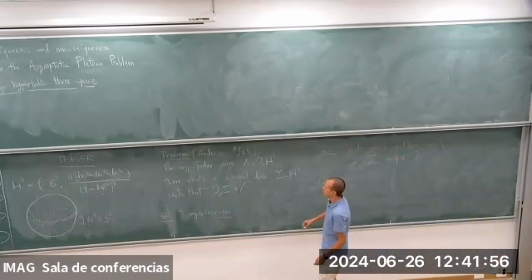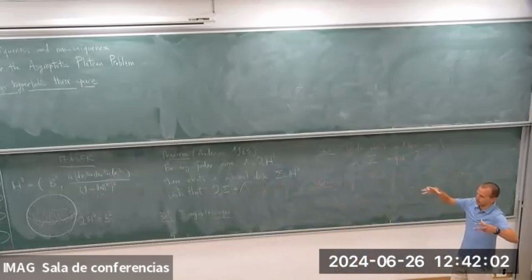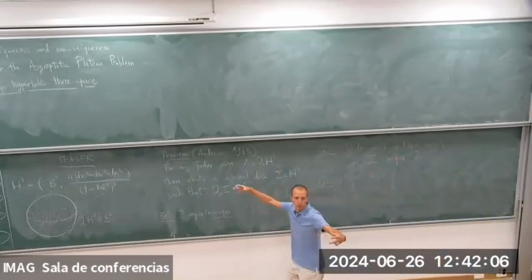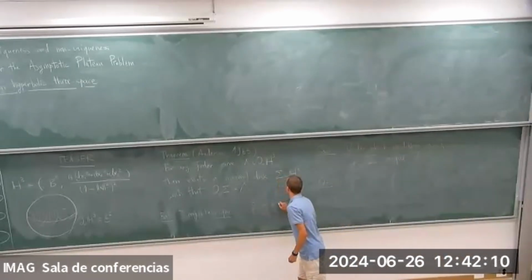So this problem, I will call it the asymptotic Plateau problem, meaning that it's about solving the Plateau problem, filling a curve with a minimal surface, but the curve is infinite. So sigma, I will call it a solution of the asymptotic Plateau problem.